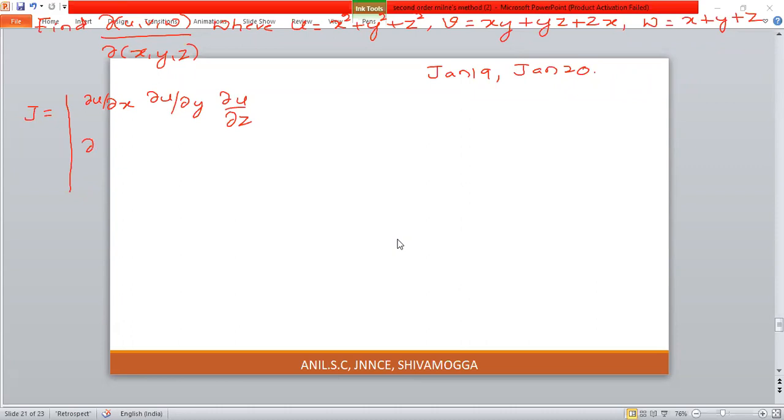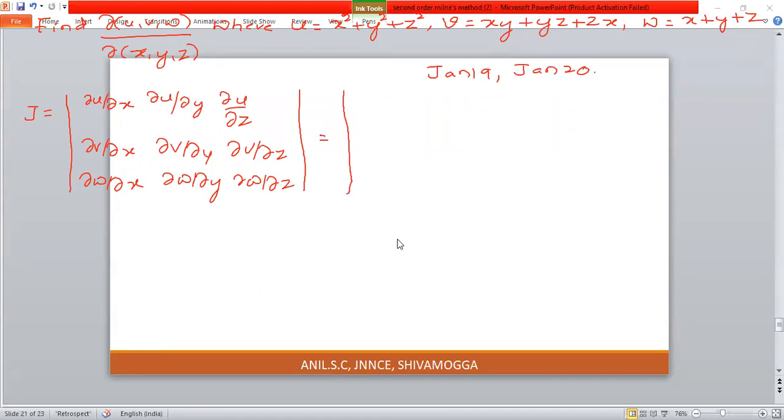Second row is del v by del x, del v by del y, and del v by del z. Third row is del w by del x, del w by del y, del w by del z. Substitute.